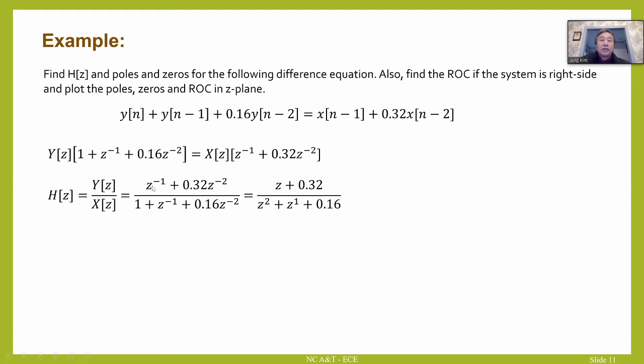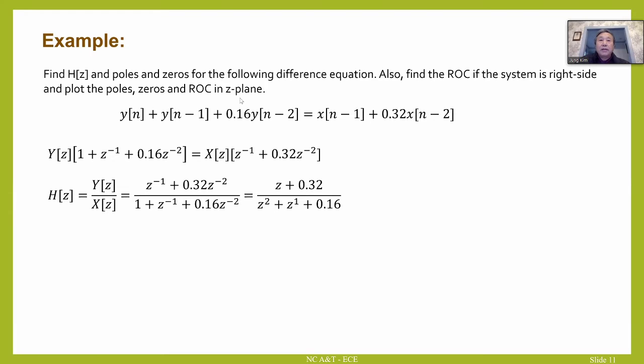So this is z squared, and z times z squared for 0.32, and z squared plus z, and plus 0.16.